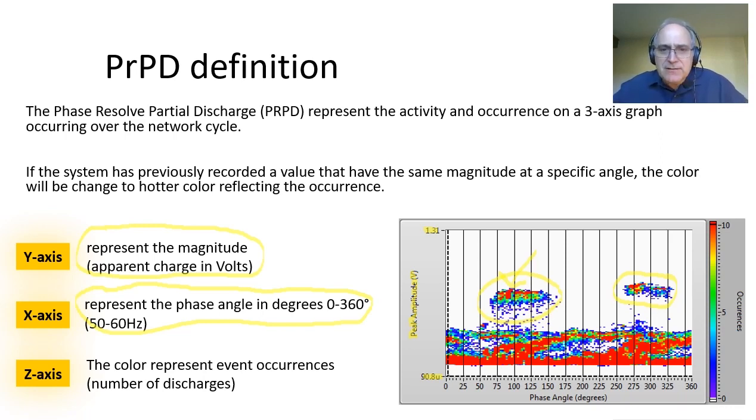So compared to this blue little spot, it only appears once, but as you get this amplitude at exactly 150 degrees over time, so as you get repetitive sampling at this specific angle and amplitude, the color's changing. So as the colors change, it means that the activity repeats over time.